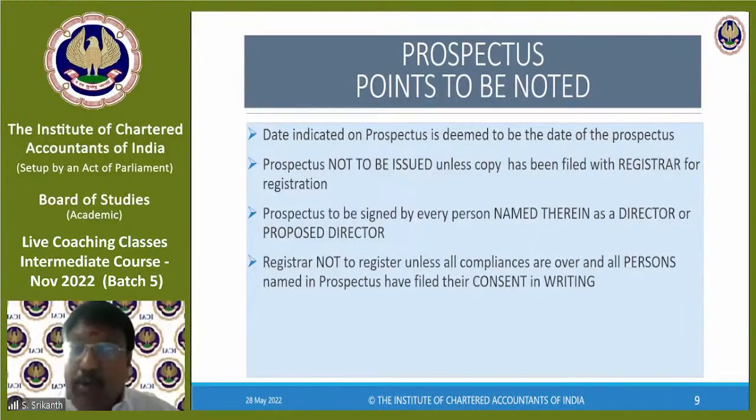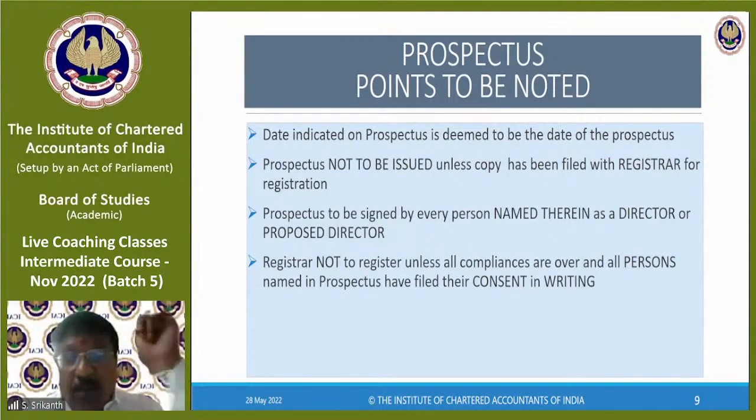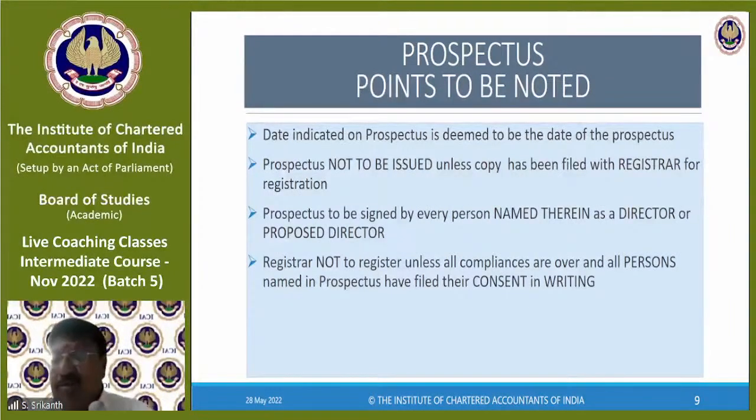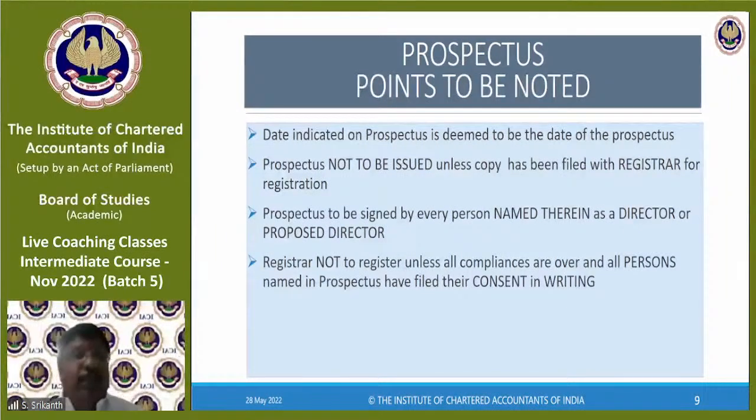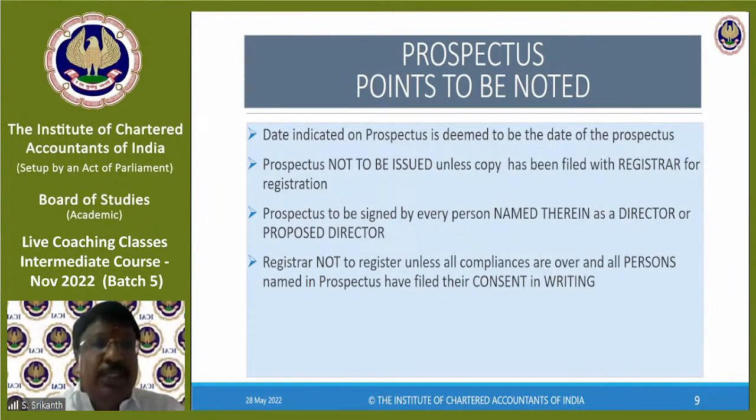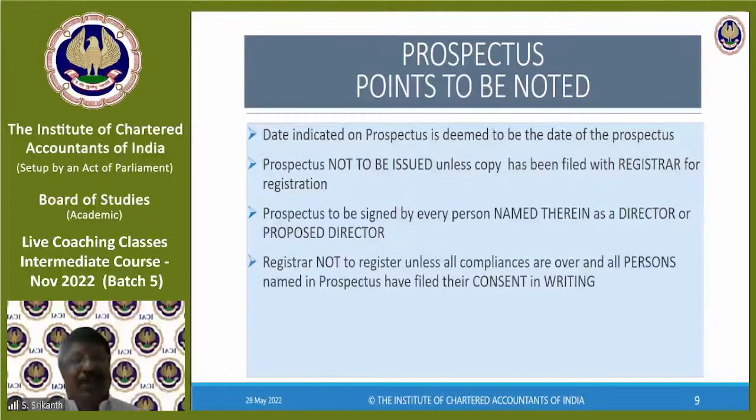But Shah Rukh Khan is not today a director, but his name is mentioned as will become a director of this company, proposed. Then he is also a person named as a proposed director. So all the liabilities I told you will apply to him also. He cannot say, boss, I'm not a director today. Yeah, you are not, but your name is there in the prospectus now. You allowed it, you permitted it. Therefore, you are bound. Okay.